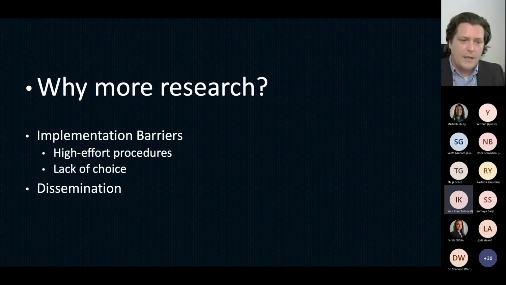Through addressing these implementation barriers, I am very interested in increasing dissemination, improving the extent to which we get this effective intervention out there and into the schools. Because, hypothetically speaking, if all of the teachers in schools were playing the good behavior game, I think schools would be a very different place. So that's one of my main areas of interest.